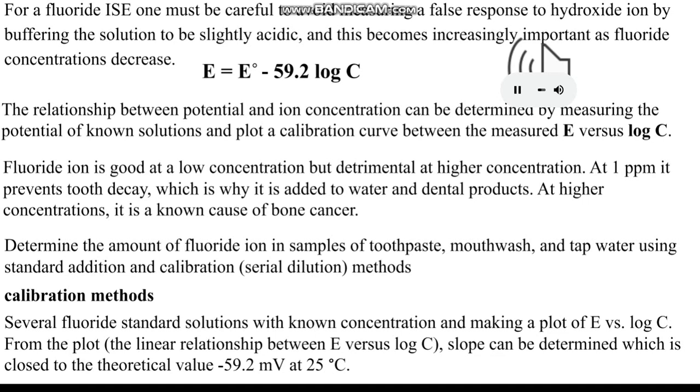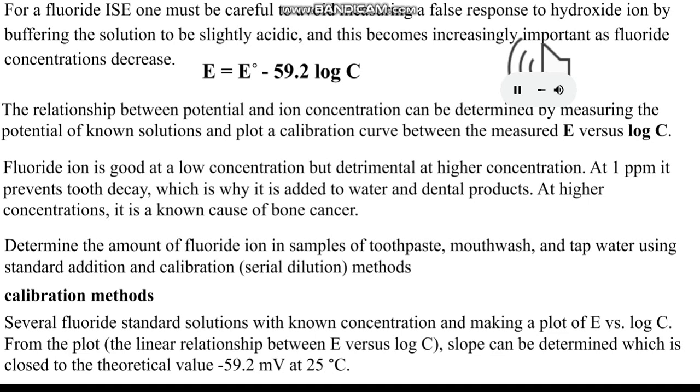The Nernst equation in this case is a linear relationship. If you plot potential on the y-axis and logarithm molarity on the x-axis, you get a linear straight line descending because the slope is negative, minus 59.2.